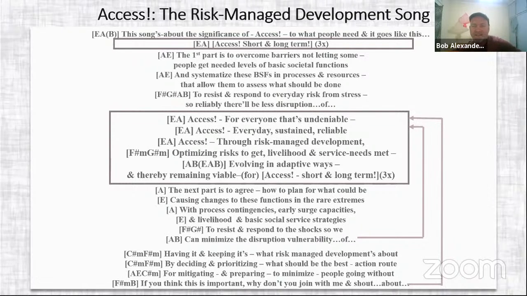For everyone, it's undeniable access. Everyday, sustained, reliable access. Through risk managed development, optimizing risk to get livelihood and service needs met, evolving in adaptive ways, and thereby remaining viable for access. Short and long-term access.